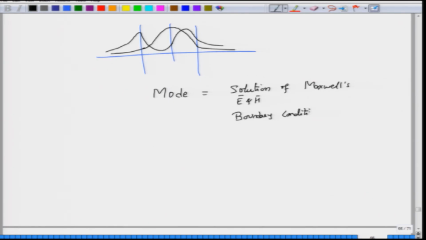In the free space case, these modes were essentially plane waves. They were in the form of e power minus j beta z for a z propagating wave, or e power plus j beta z for a minus z propagating wave. There were no boundaries. The free space modes were the plane waves.